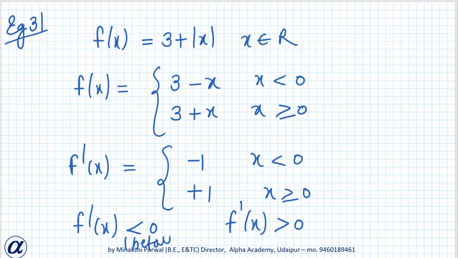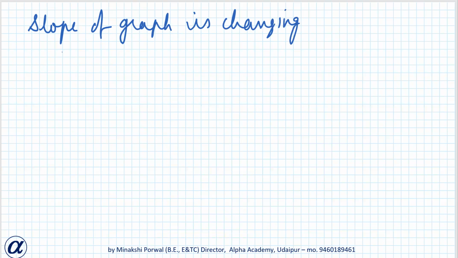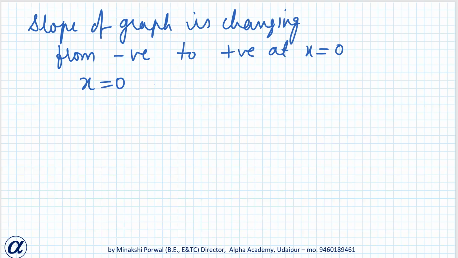So the slope of the graph is changing from negative to positive at x equals to 0. So x equals to 0 is actually the critical point, where local minima occurs.